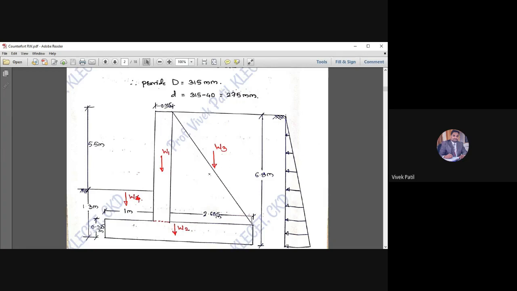This remaining distance will be 2.685. Yes, sir. 2.685, correct. Okay, so this is the distance 2.685. Total overall depth is 6.8 meters.